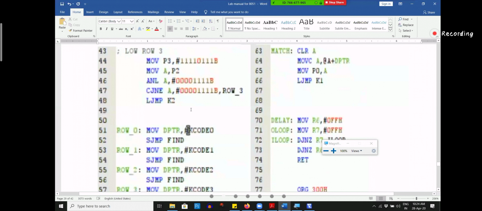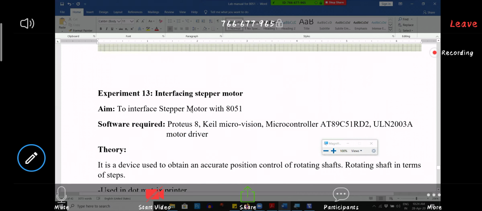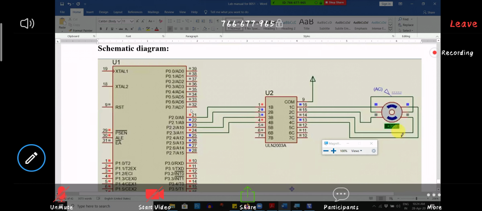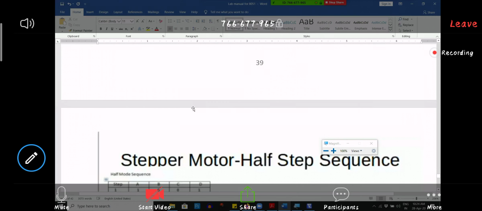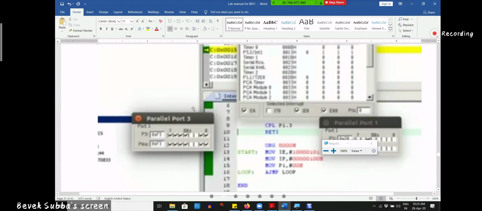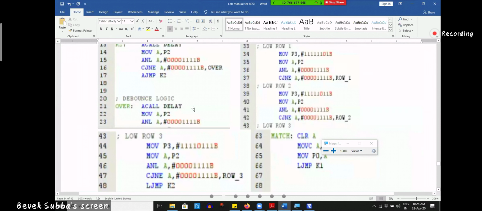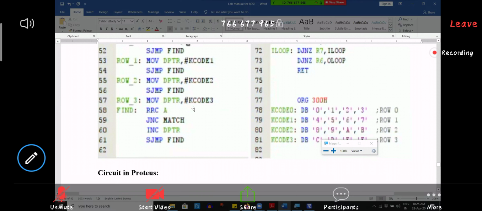Let's go back. LCD, I think. Whatsoever, let's see. Let's send this kind of values.